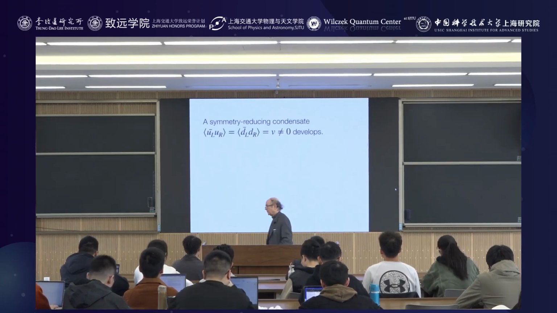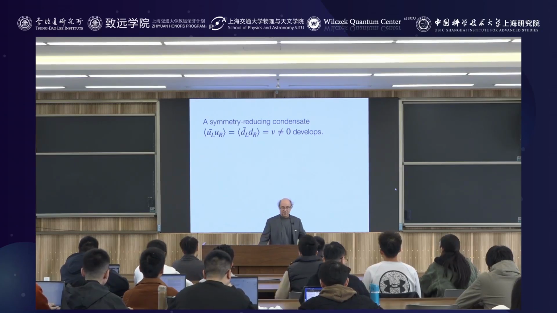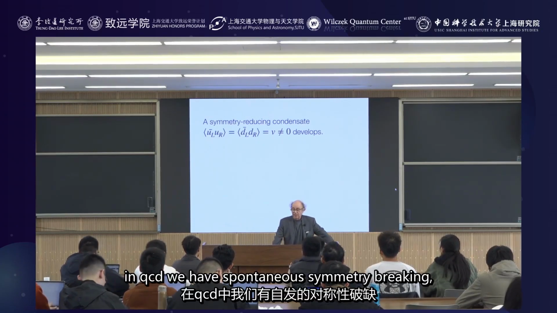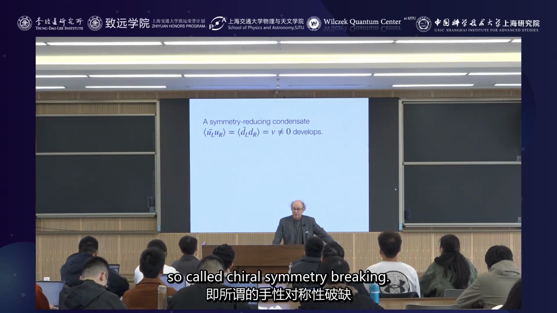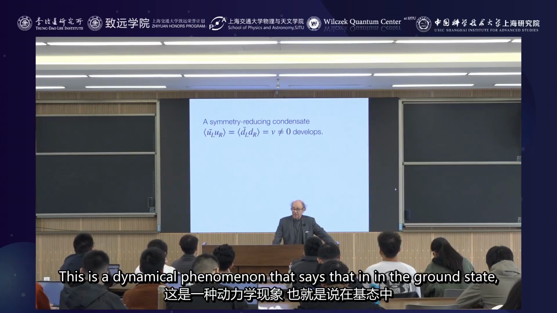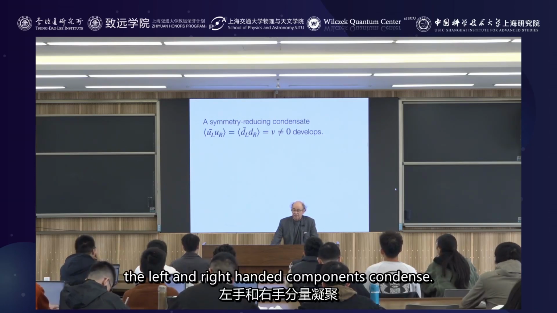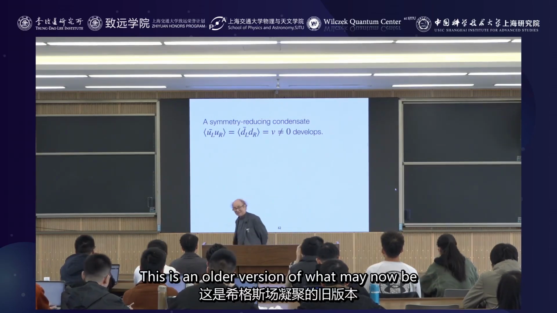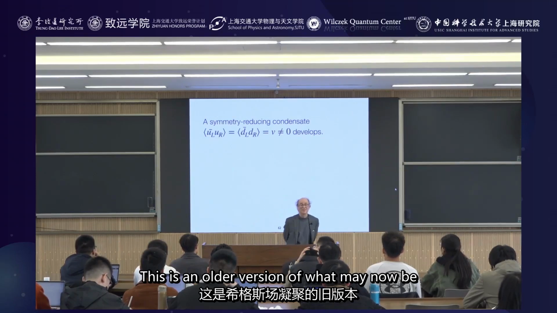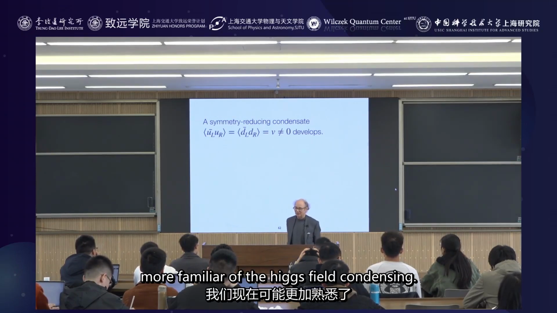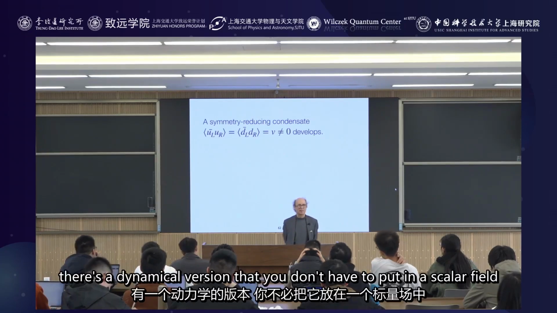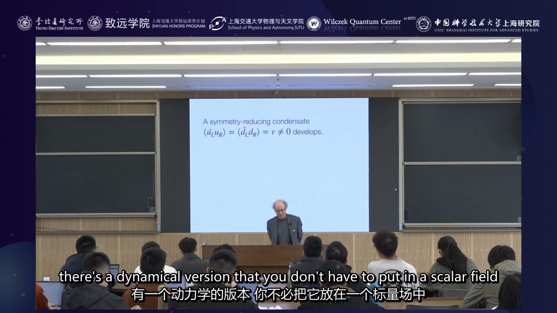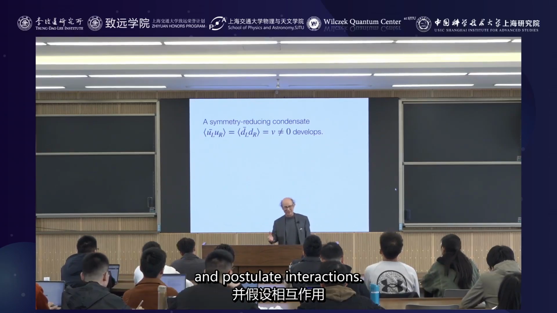Okay. Now, in QCD, we have spontaneous symmetry breaking, so-called chiral symmetry breaking. This is a dynamical phenomenon that says that in the ground state, in vacuum, the left and right-handed components condense. So this is an older version of what may now be more familiar of a Higgs field condensing, but this is a dynamical version where you don't have to put in a scalar field and postulate interactions.